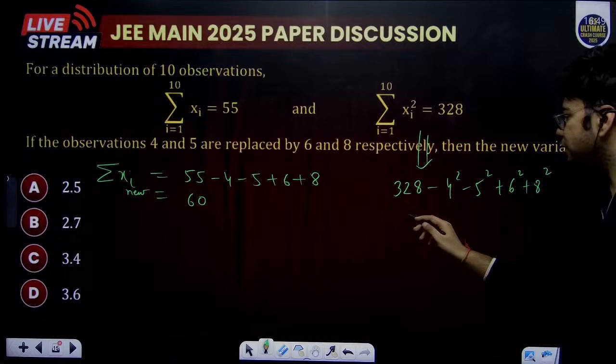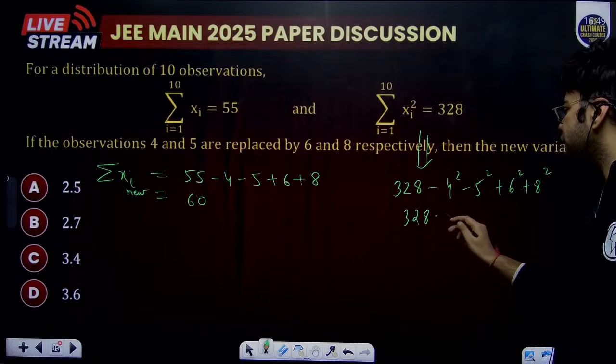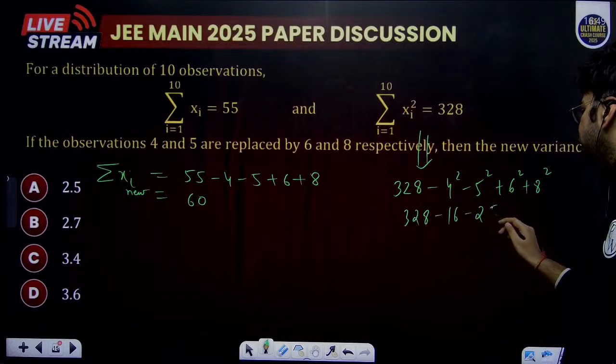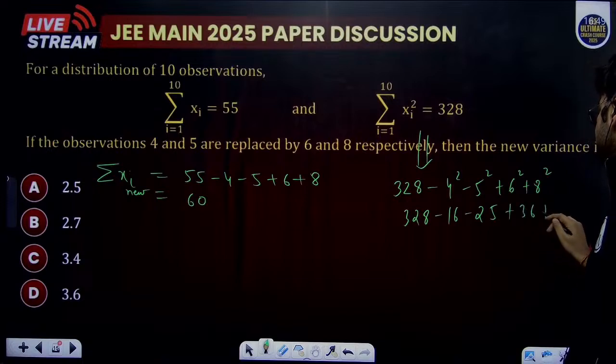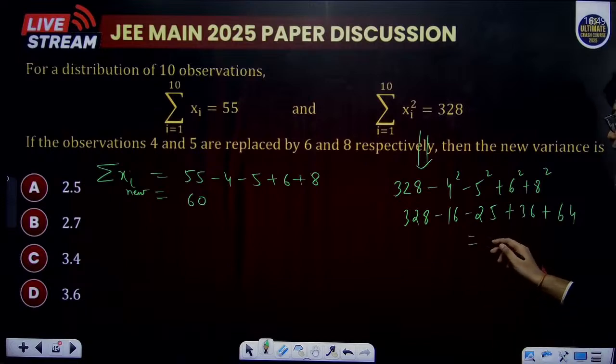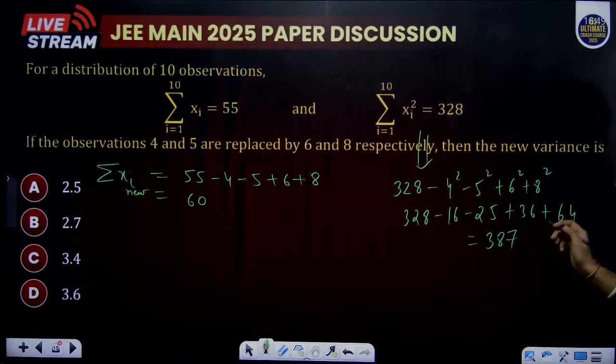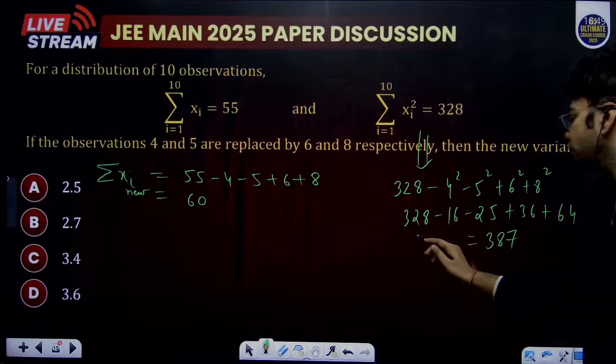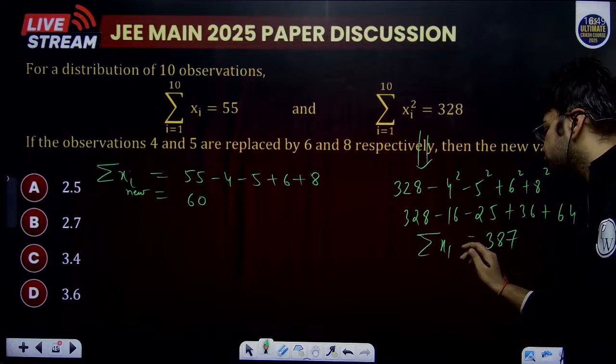So this will come out as 328 minus 16 minus 25 plus 36 plus 64. 428 minus 25, 403 minus 16, 387 is what I'm getting as new sigma xi square.